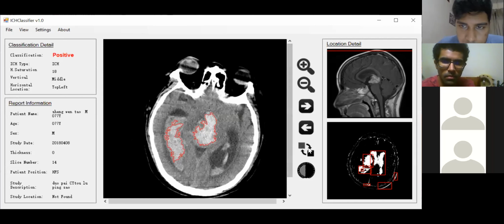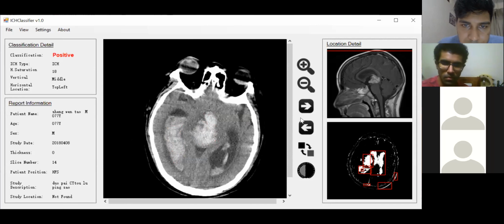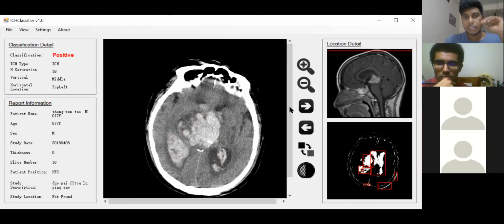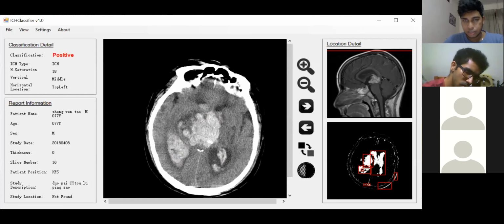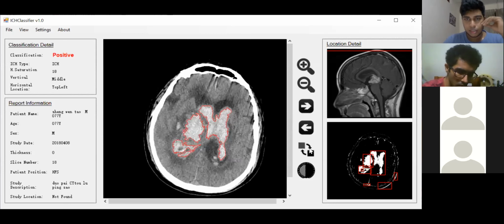Let me remove the hemorrhage. You can see the hemorrhage. The white on CT scans like this is fluid. If there is white on a CT scan, that means it's fluid, in this case blood. The darker structures are harder.